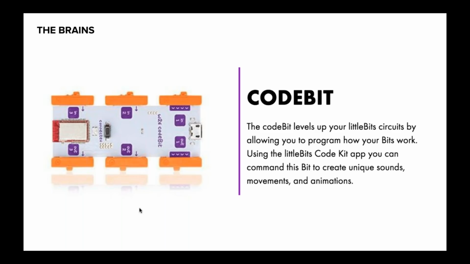The code bit really levels up littleBits. It allows the block coding that your students do on the canvas to be sent to the physical bits. I like to say that the code bit helps make coding come to life, or become 3D, or tangible, because students are going to see immediately the results of their code, and as they manipulate their code, how that affects the actual bits in real life in their hands.